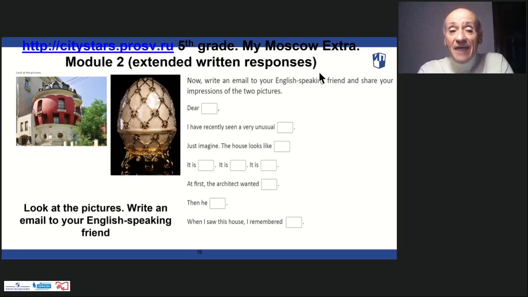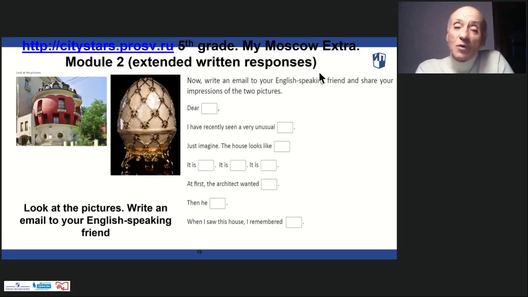The information before these pictures, because certainly I know the site, and I'm one of the authors of the course book City Stars as well, is about a house in Moscow which is shaped like an egg.